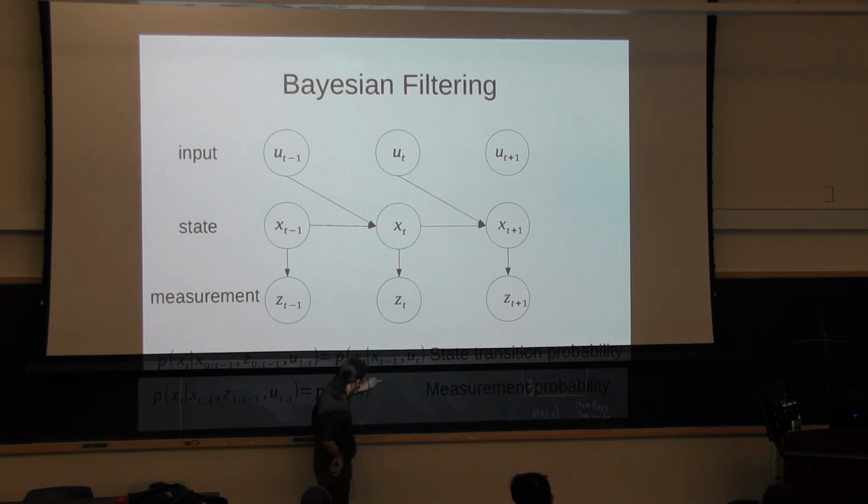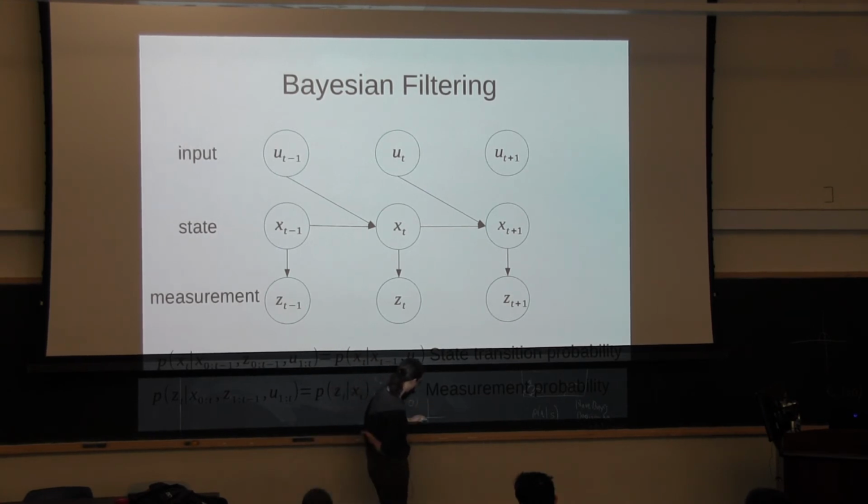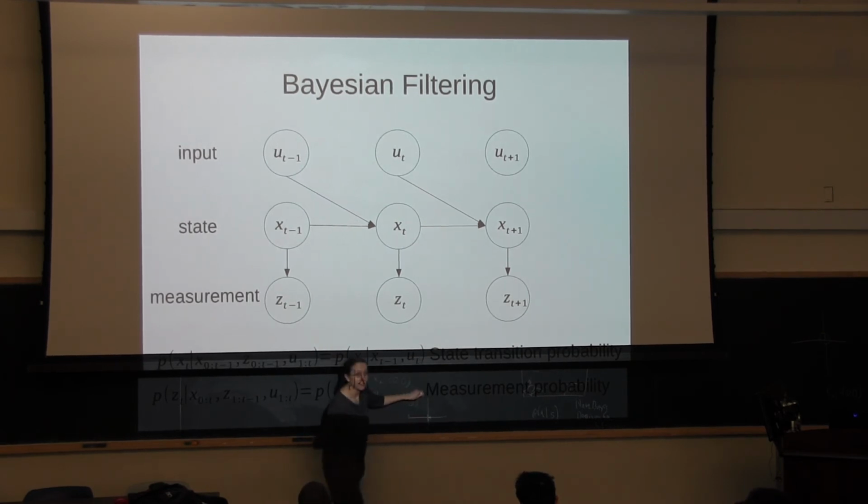So x sub t minus 1 is 0, 0. And u sub t minus 1 is, let's say I'm going to go over 1 and up 0. So here's my little robot, and it's facing in this direction. This is 0, 0, this is x, and this is y, and I'm going to drive in this direction, over 1 and up 0.